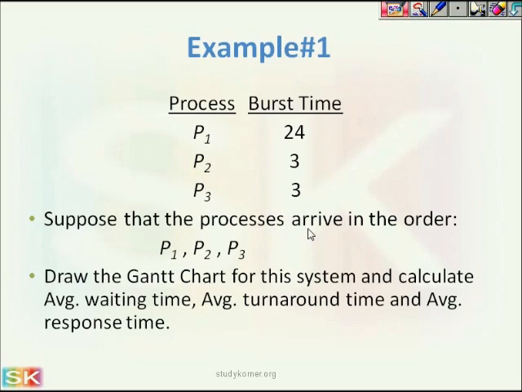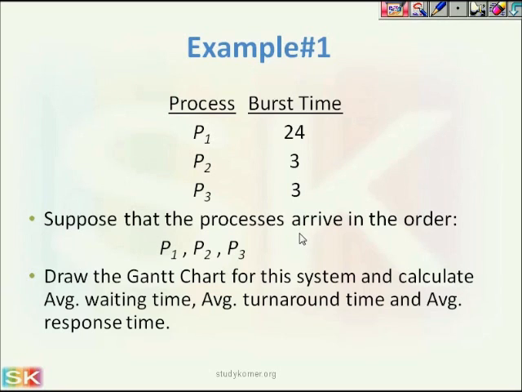The point to note here is that processes are arriving in the order P1, P2, P3 and their arrival time is not given explicitly. So we are assuming that their arrival time is almost 0.